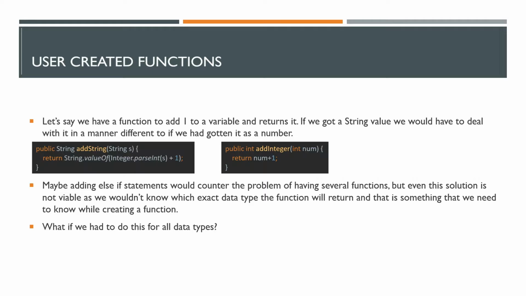But if we created a function with an else if statement, we wouldn't exactly know the data type of the value that we're returning back, because we don't know what the user is inputting. And to do this for all of these data types would make our code so much longer than it has to be.